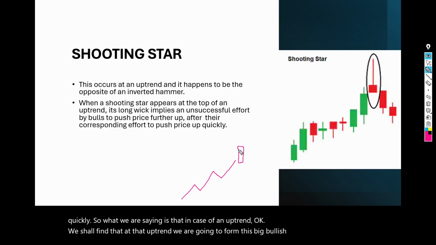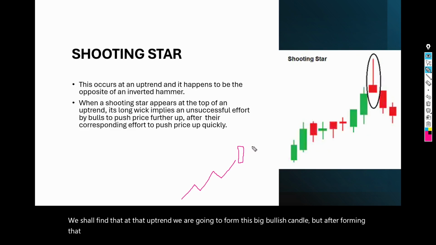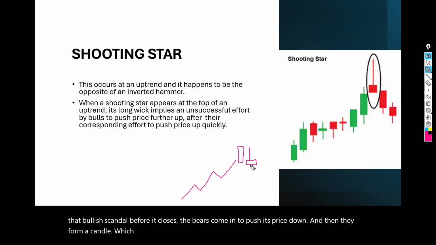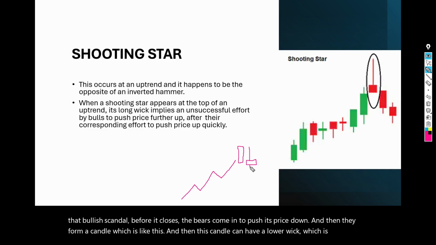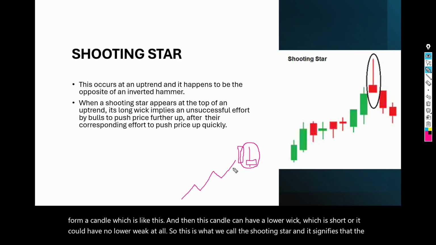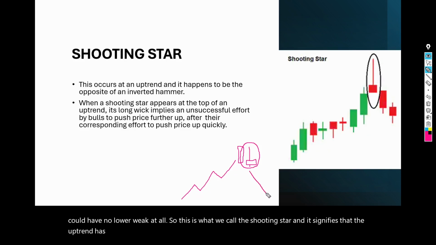But after forming that bullish candle, before it closes, the bears come in to push its price down, and then they form a candle which is like this. And then this candle can have a lower wick, which is short, or it could have no lower wick at all. So this is what we call the shooting star, and it signifies that the uptrend has exhausted and we expect a big retracement or sometimes even an entire change in trend.